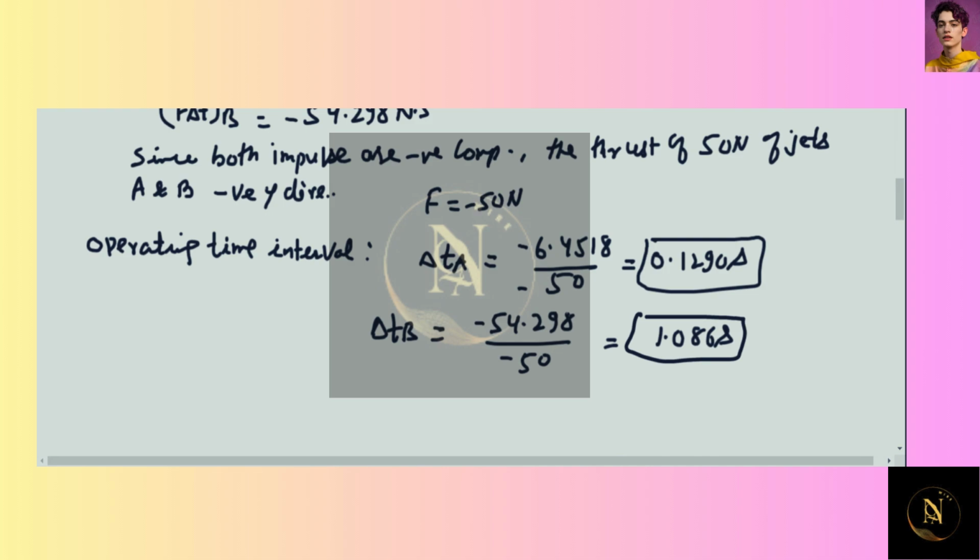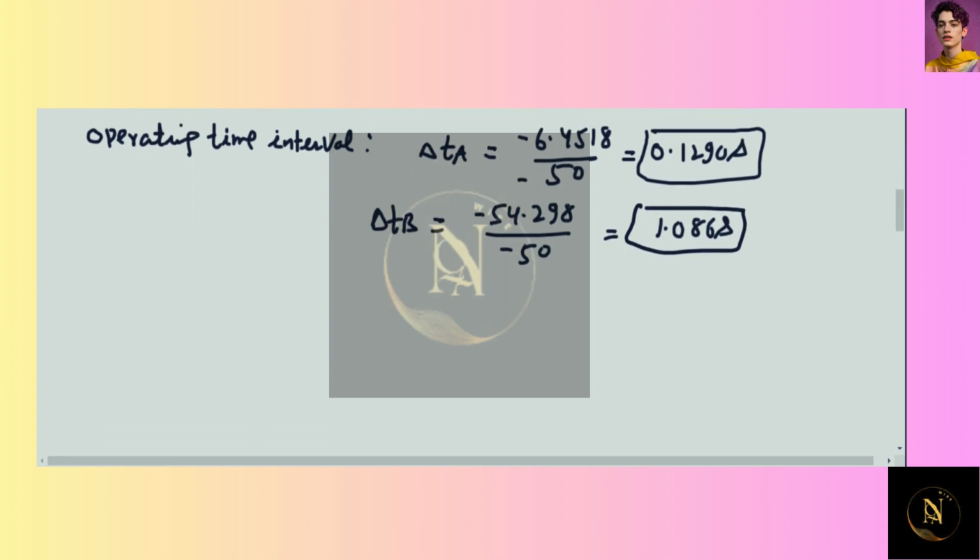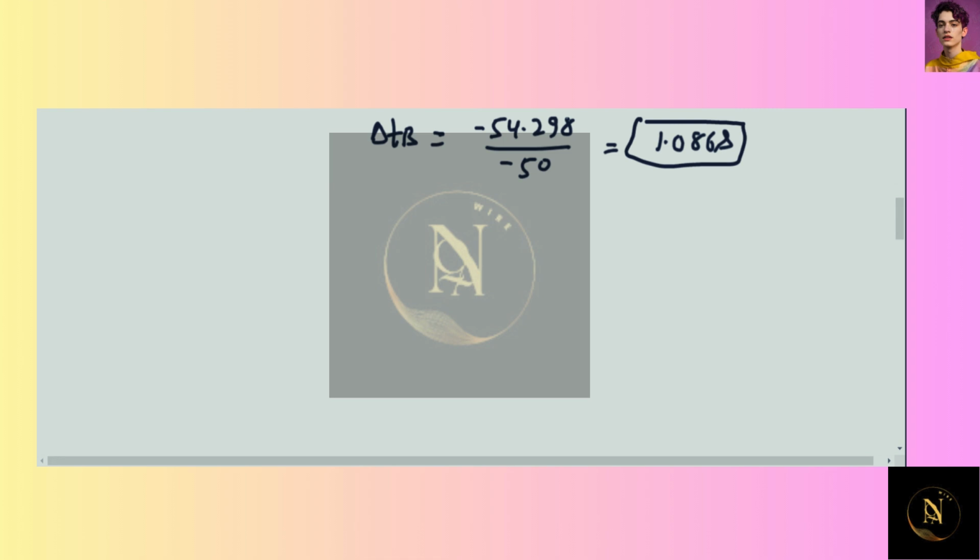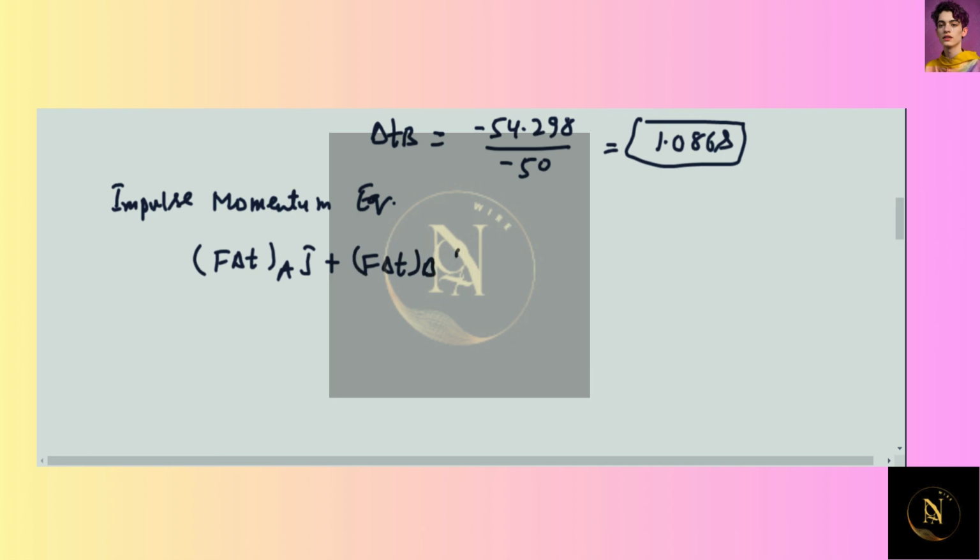Now in part B we have to calculate the change in velocity. Apply the impulse momentum equation: F delta T A j cap plus F delta T B j cap is equal to m into delta V. So from here you will find the change in velocity.